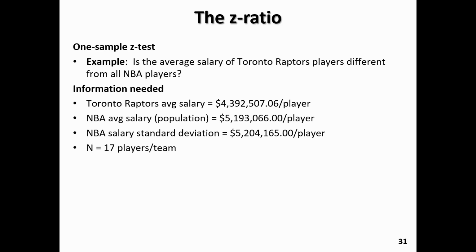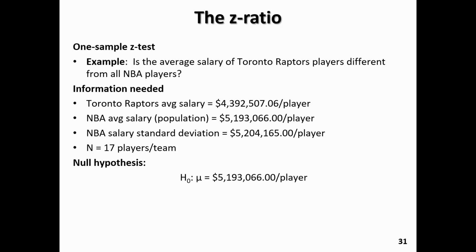We also need the number of players per team, and the value we use is that each team has 17 players. We then test the null hypothesis using the z-test. One of the conditions of using the z-test is that we must know the standard deviation of the population, and we happen to have that data available.